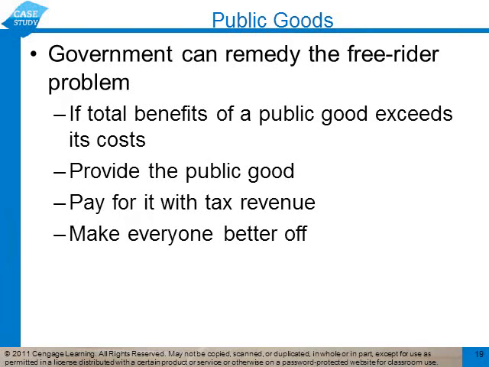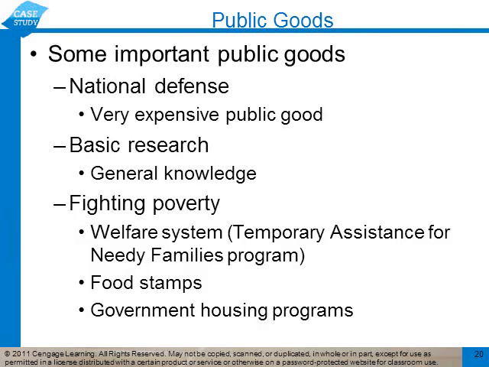So the point is how can the government remedy the free rider? When the government is incurring a cost and some people are using it, like a freeway, you can put a toll and then you can control it. In some cases you can, in some cases you cannot control it.